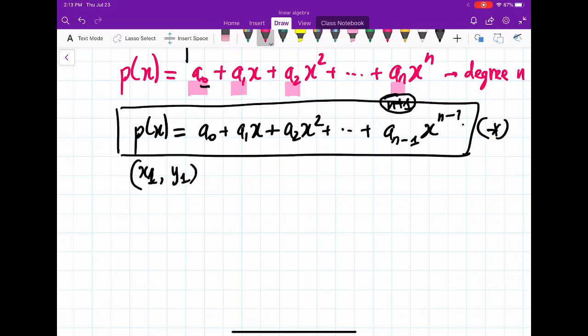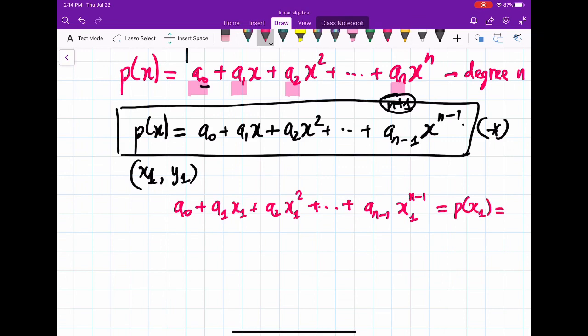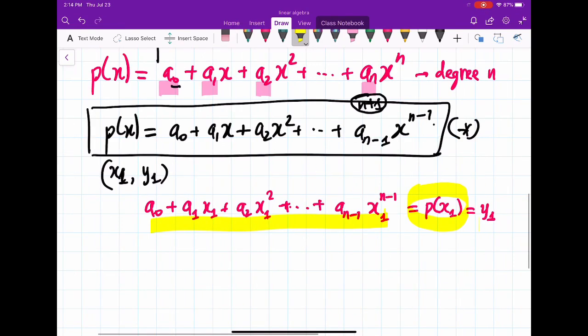The first equation: a0 plus a1 x1 plus a2 x1 squared and so on plus a(n-1) x1 to the n minus 1 equals p(x1), which is y1. So I will skip this part. I just write everything in here equal to y1.